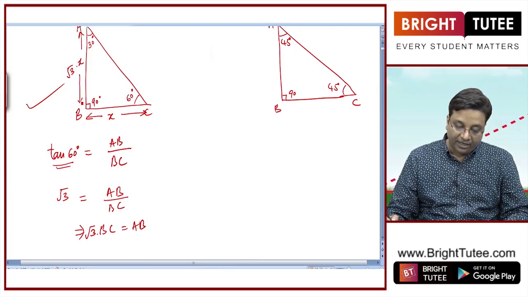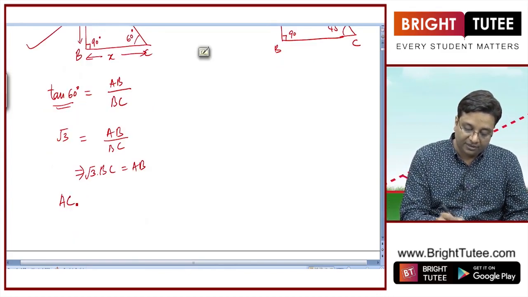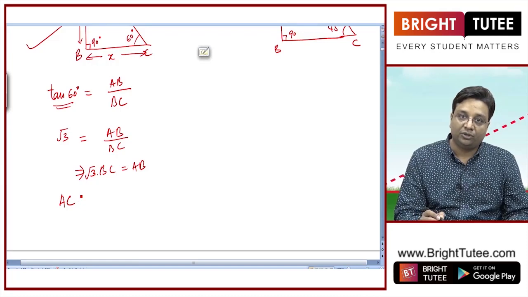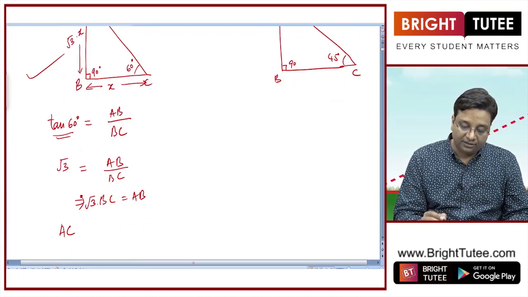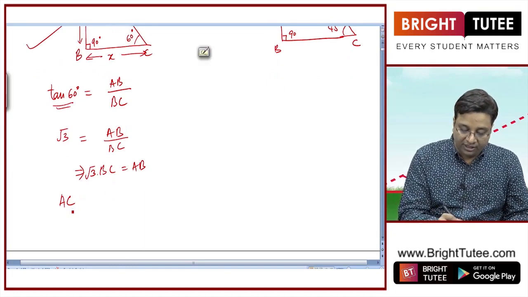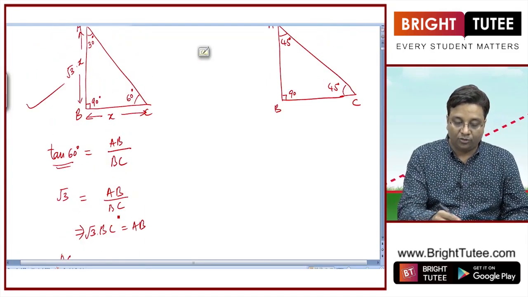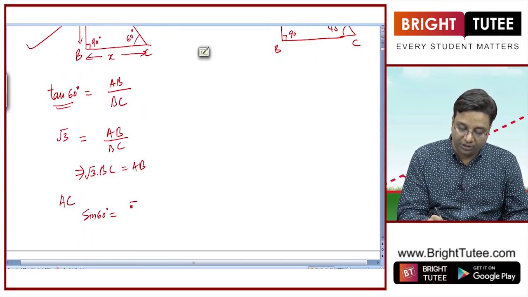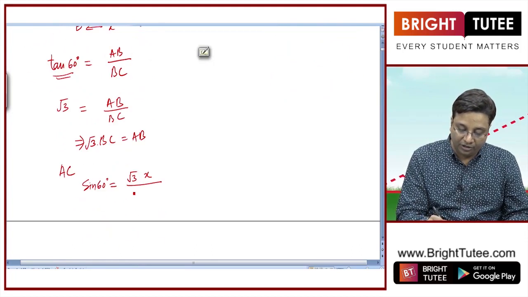right? And what can you tell me about AC? For AC, you can apply Pythagoras theorem or you can apply some other trigonometric ratio like sin 60. What is sin 60? Sin 60 is opposite by hypotenuse. What is the opposite side here? Root 3x, and hypotenuse is AC.